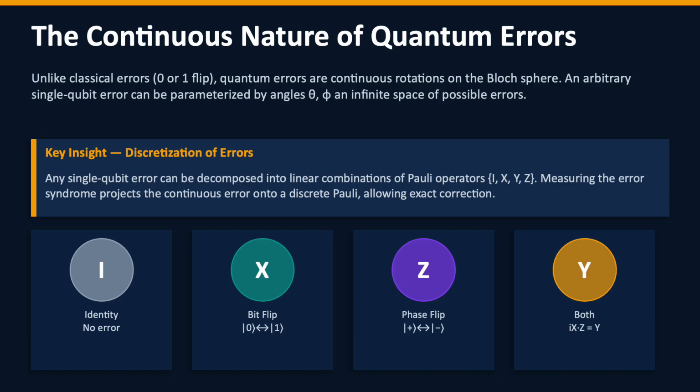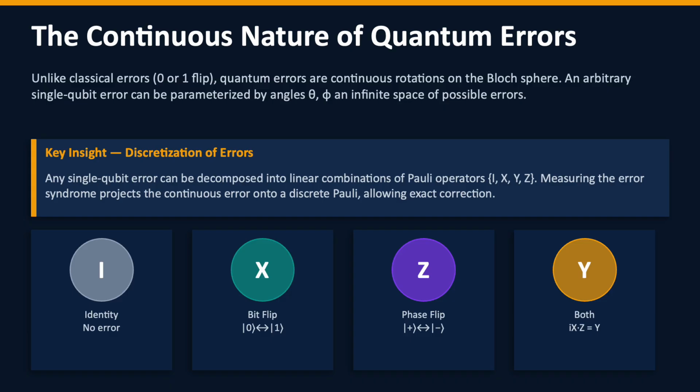These four operations are called the Pauli operators, named after the physicist Wolfgang Pauli. They form a complete set, like primary colors that can mix to produce any shade.